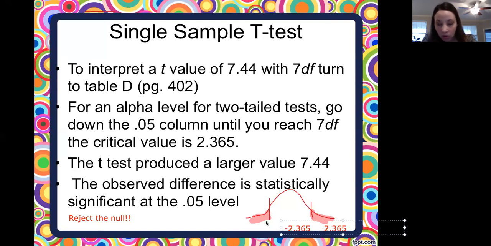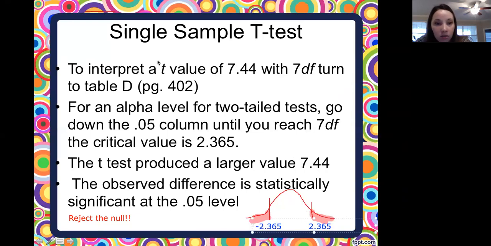So it's starting at these lines here. That's where our rejection region starts, at the 2.365 line. Our data that we got from our t formula was 7.44. That was our t result. So 7.44 is falling way, way past 2.365. It's like out here somewhere.